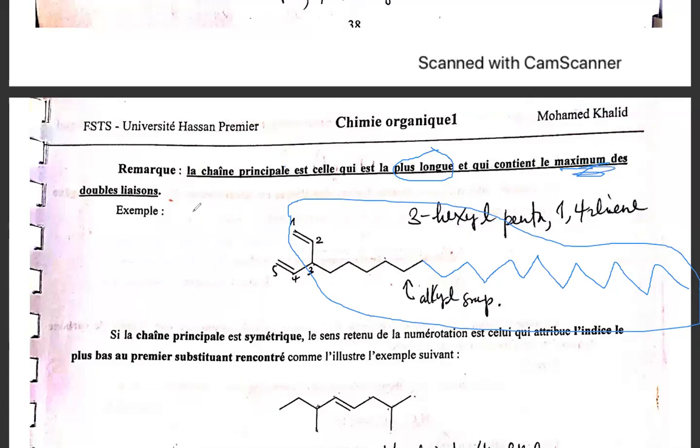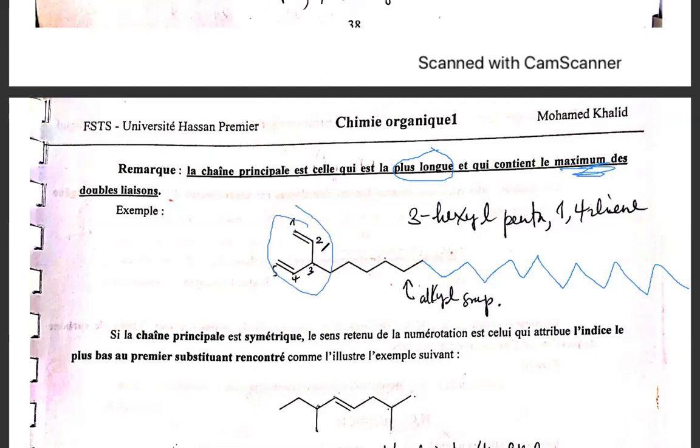So it disqualifies this rule. But now, for us to qualify this rule, we are saying it must be a long chain, of course, and it should also contain the maximum, like the highest number of double liaison.